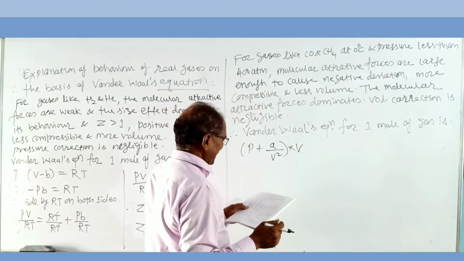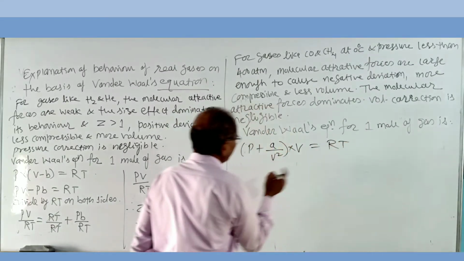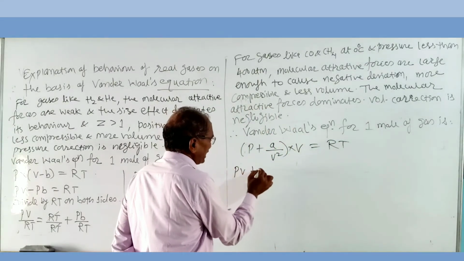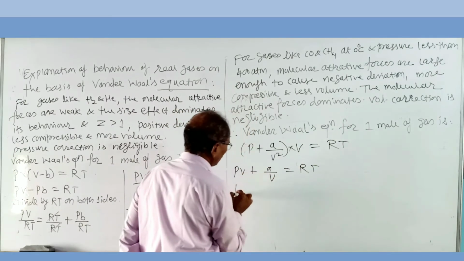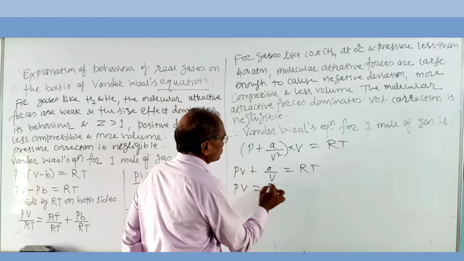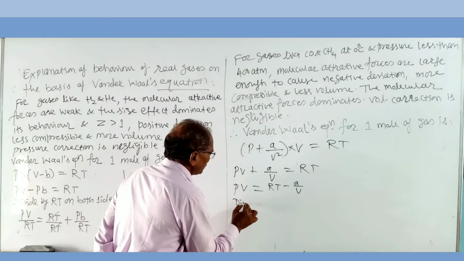P plus a upon V square into V is equal to RT. Solve this bracket. PV plus a upon V is equal to RT. Or PV is equal to RT minus a upon V.